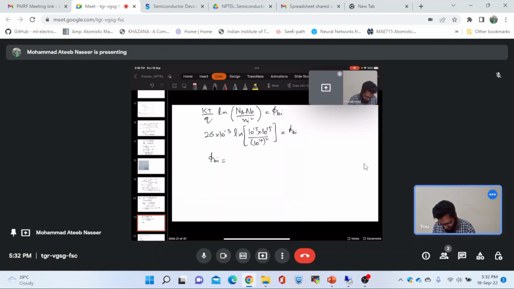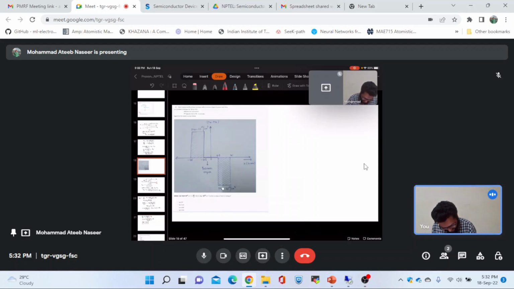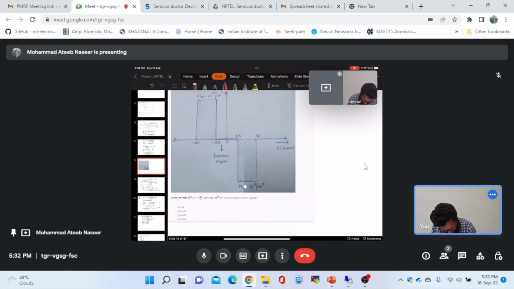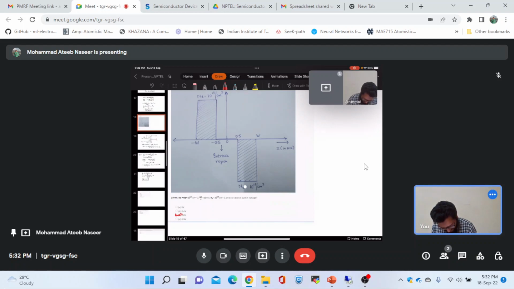It should come out to be equal to 0.6 volts. Let us check our options. Which option is this? It is option C. So we will take the option C.